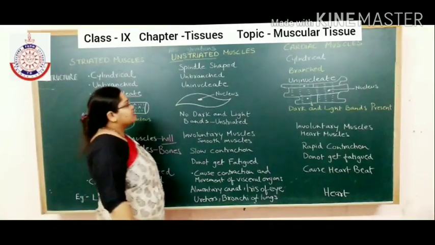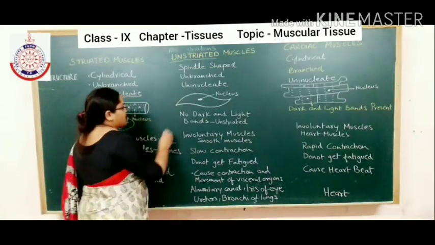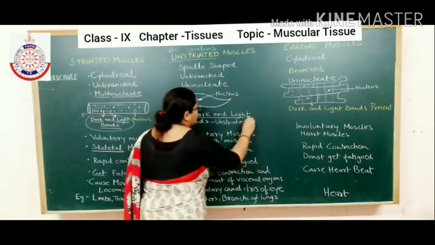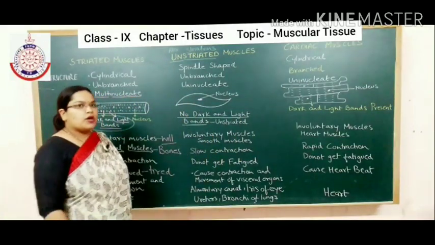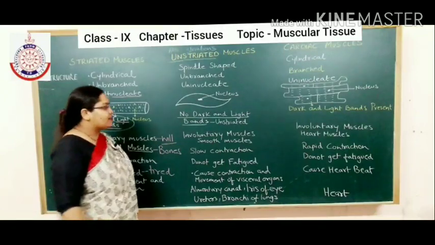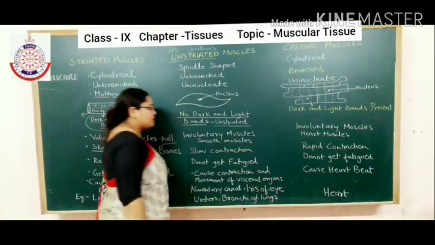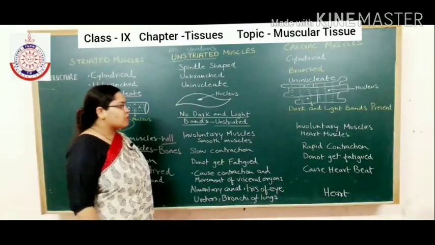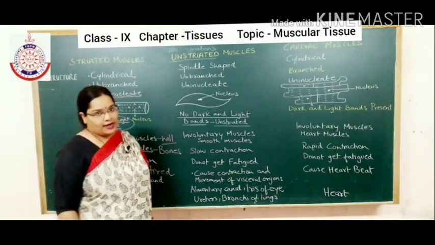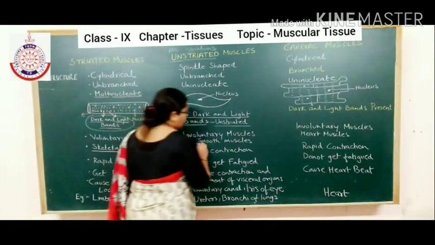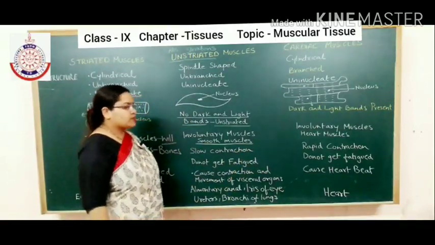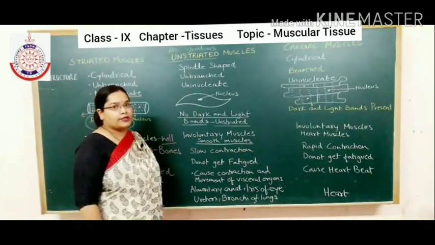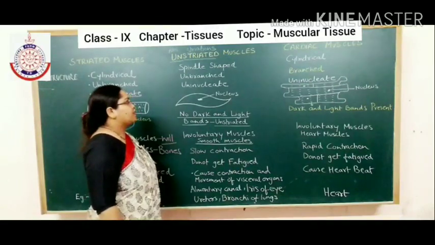So in unstriated muscles, dark and light bands are absent. Because they don't have dark and light bands, they are also known as smooth muscles. Why are they known as smooth muscles? Because they do not have alternate dark and light bands.